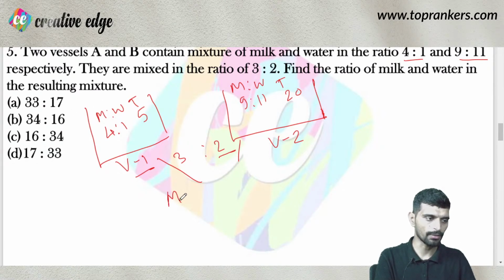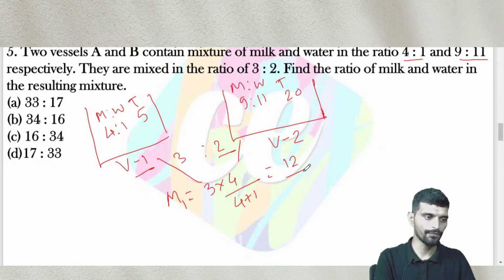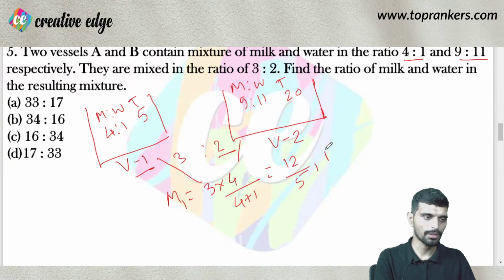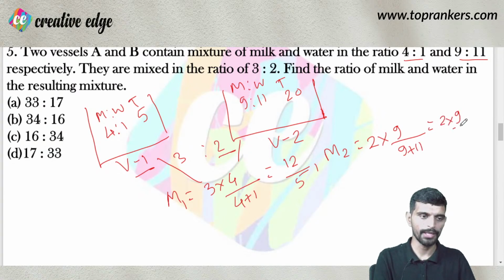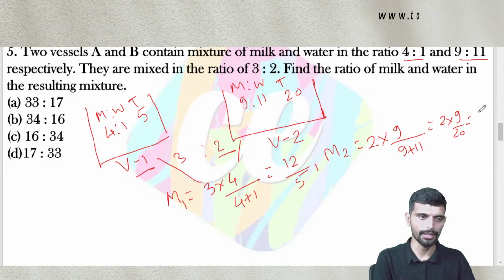So let us calculate for milk first. M1 will be 3 into 4 upon 4 plus 1, that is 12 by 5. Now M2 will be 2 into 9 upon 9 plus 11, that is 2 into 9 by 20, that can be rewritten as 9 by 10.